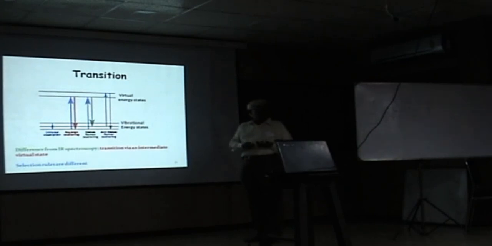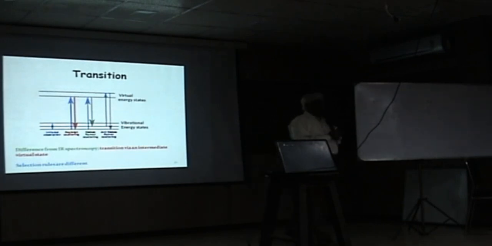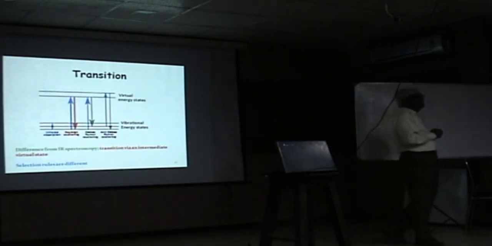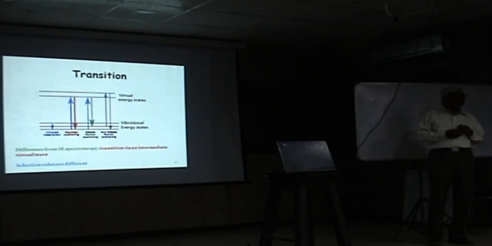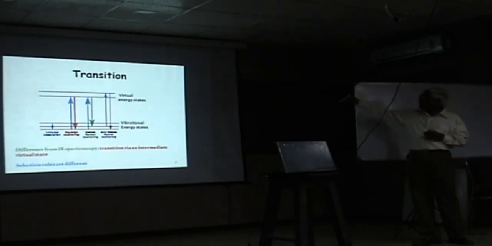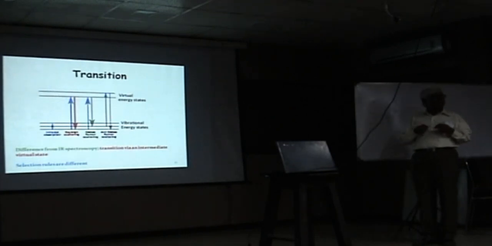When light interacts with matter, it first goes to the virtual state. And the virtual state is not a stationary state, it is a non-stationary state. So it will immediately decay to a stable stationary state. That means it is going from one station to another via some other station.